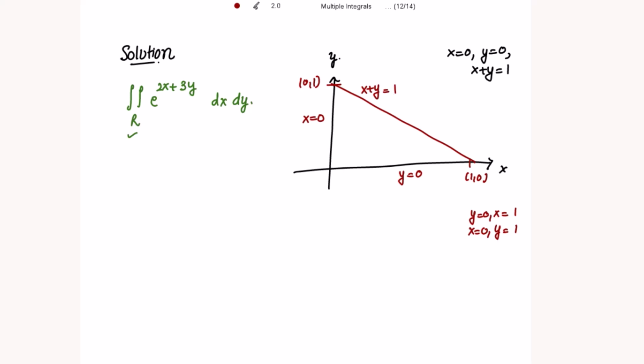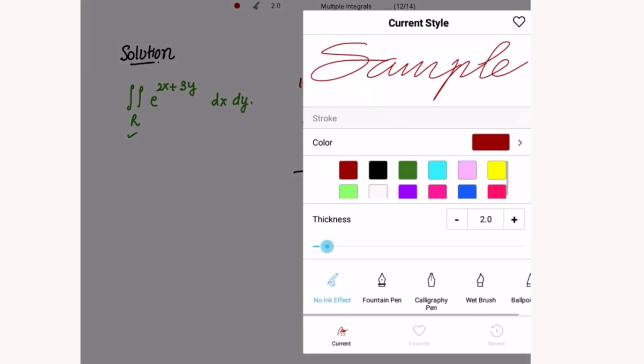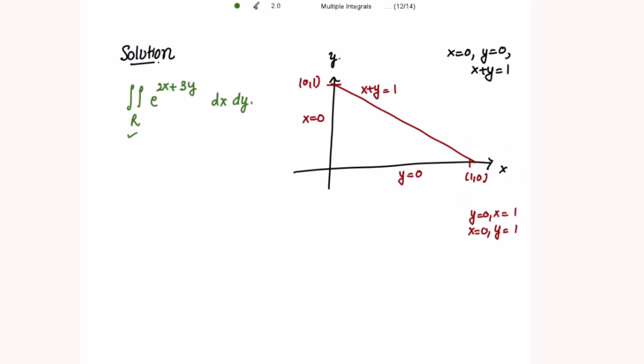Now if you notice here, what are the limits for x? First you have to judge what you want to take. Either you can take y equal to 1 minus x or x equal to 1 minus y from this equation. Suppose I take y equal to 1 minus x, right?